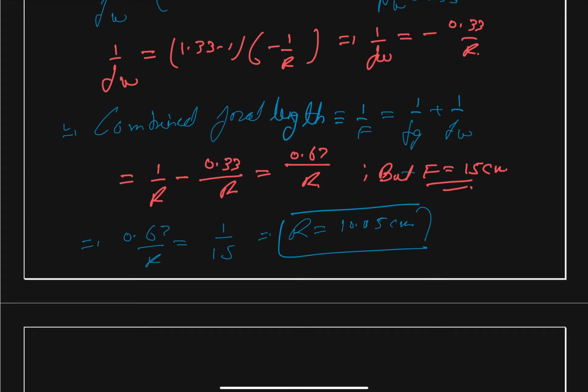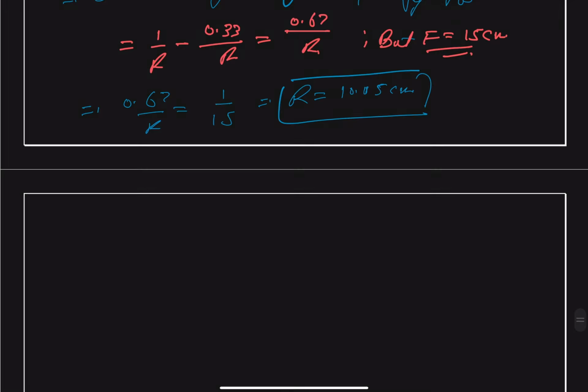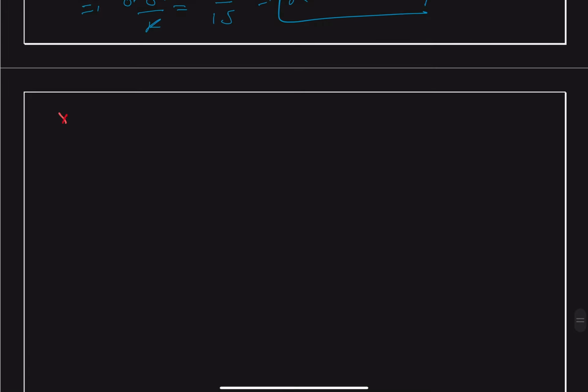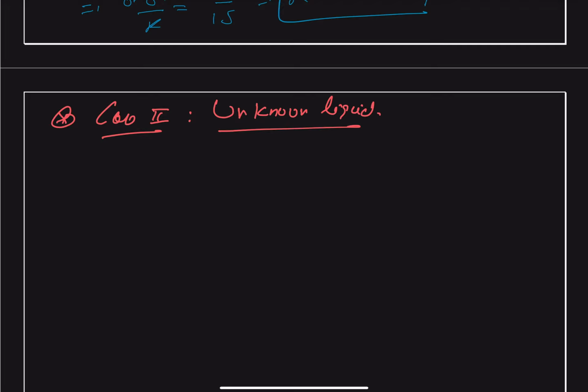Now we come to case 2, where the liquid is unknown. The rest of the system will be the same. The only thing that is going to change is the liquid, and its refractive index is, let us suppose, taken as mu.